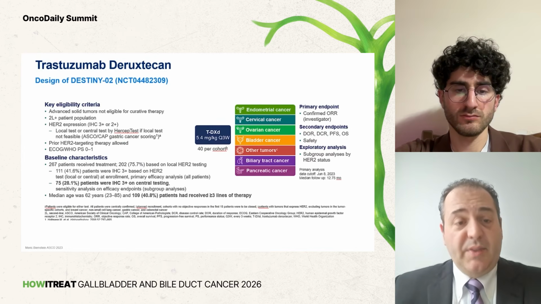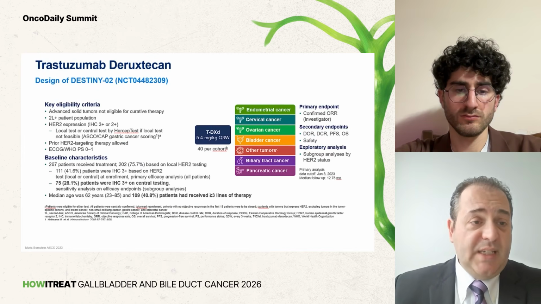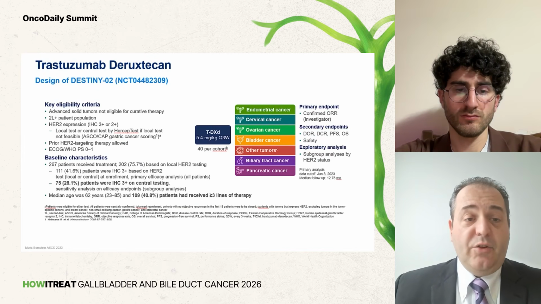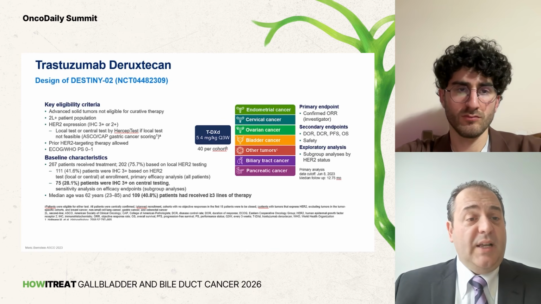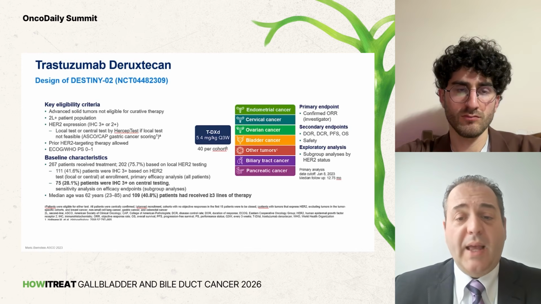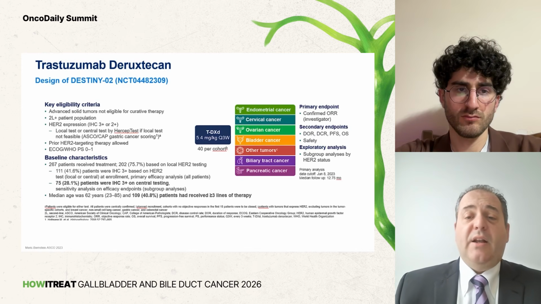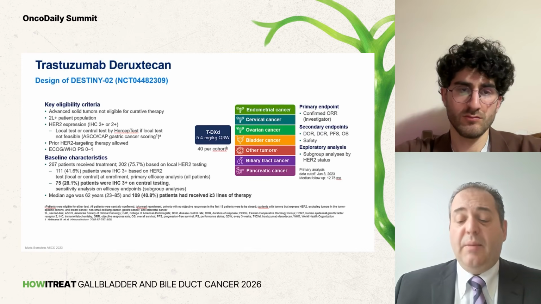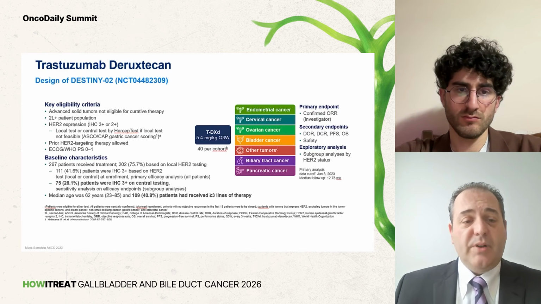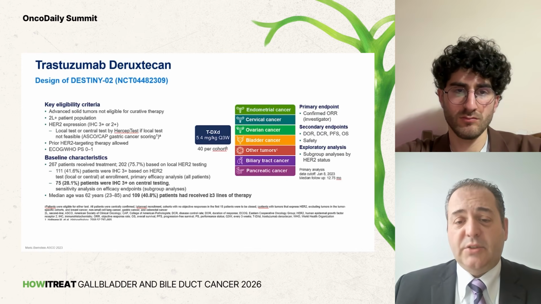The other player in this space is trastuzumab deruxtecan. This is Destiny Pan-Tumor02. Here, this was looking at an antibody drug conjugate with a TOP1 warhead, a different design, looking to assess this activity across tumors based not on tumor type, but IHC scores.